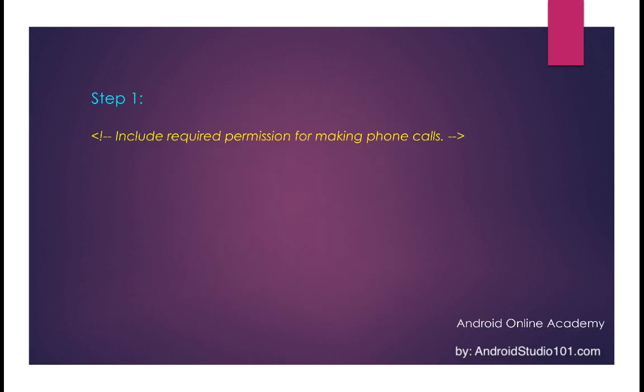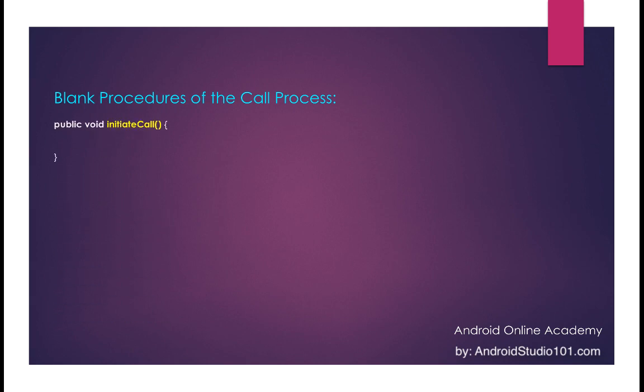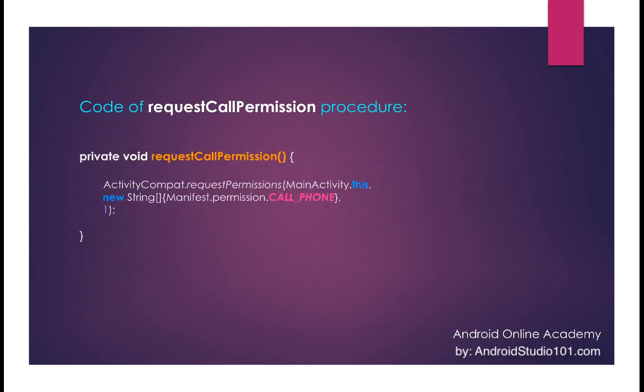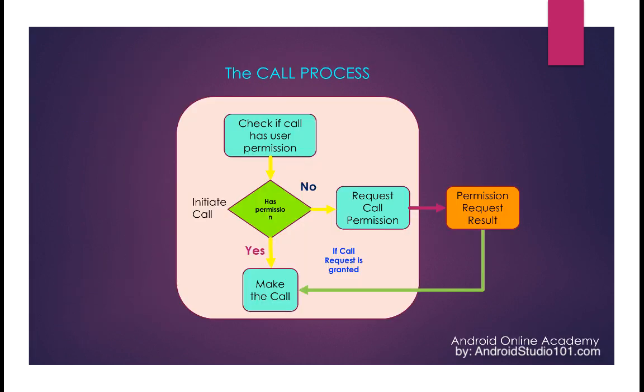But since we already know that there is a default procedure that is automatically called by the request call permission procedure, you can see here that when a request for call permission is made, it automatically calls this permission request result procedure, and it is the one that passes the result to make the call. It is the one calling this make the call if the call request is granted.